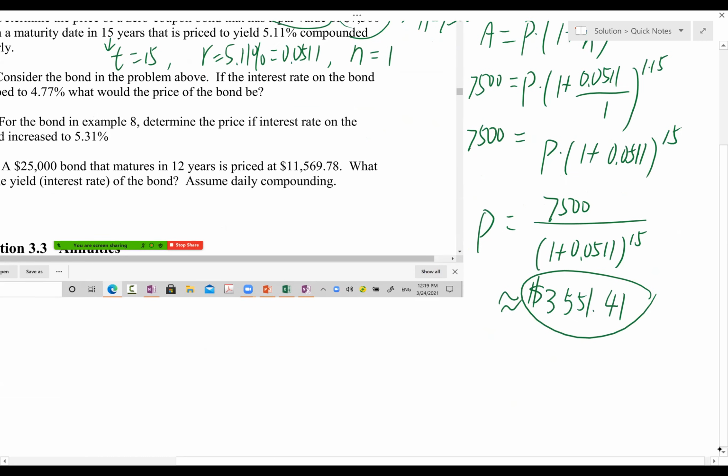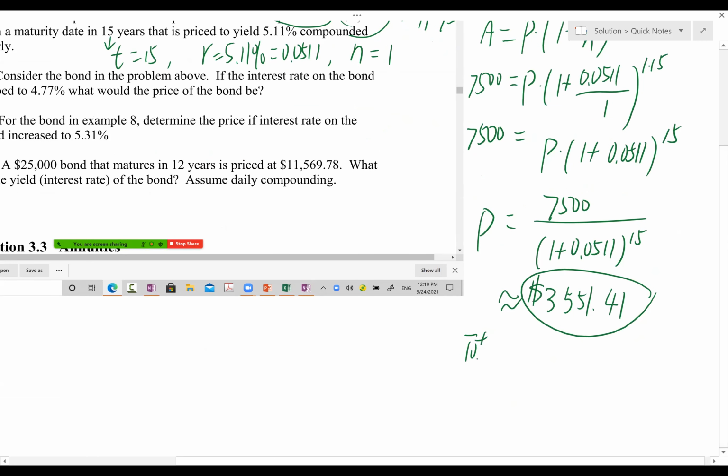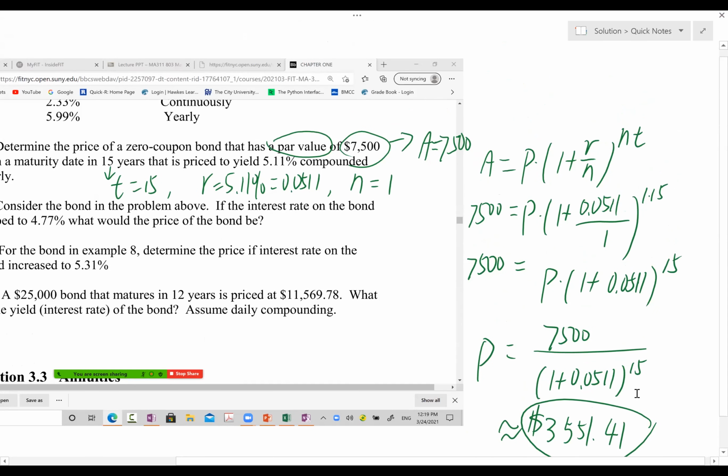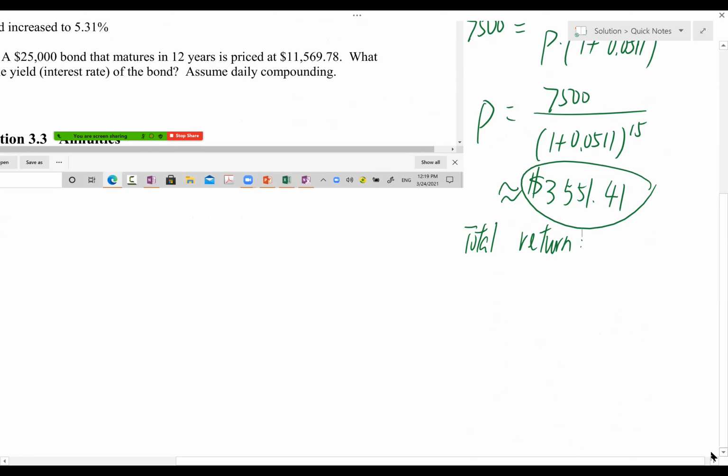If you look at the return here, the total return, as an investor, this is the most important issue, right? In terms of looking at this return. So using 7,500 minus $3,551.41, the difference is the return on investment.